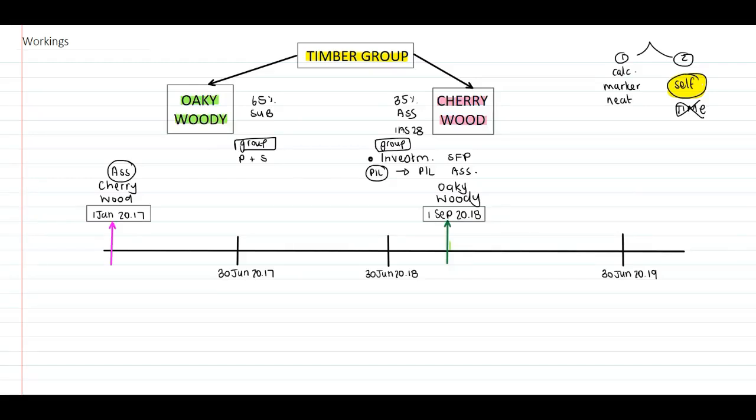Then when you look at my timeline, our year end, 30 June 2019, prior 2018, year before that, 2017, they've indicated to us that acquisition of our associate, Cherrywood, is 1 January 2017. Acquisition of Oaky Woody, our subsidiary, 1 September 2018. Therefore, when you look at the timeline, we will have to include 10 months in terms of Oaky Woody into our group.